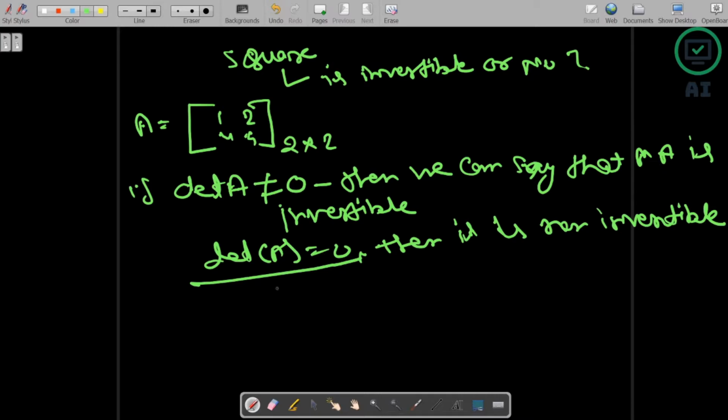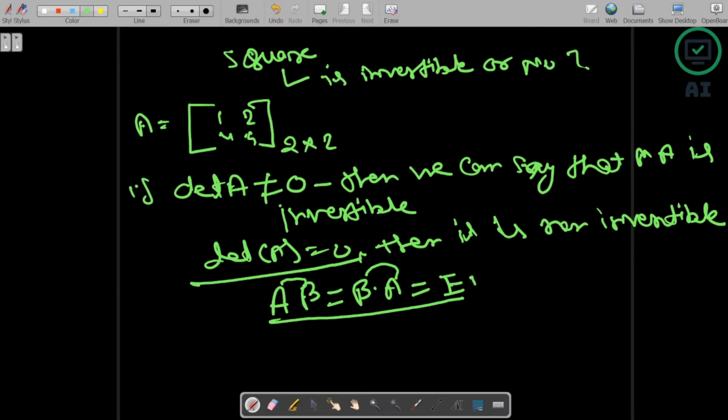Another property is that if you have a matrix A and the inverse of A is B, then B dot A equals 1. So in this scenario we can say that B is the inverse of A, and A is the inverse of B, and the product will produce the identity matrix.